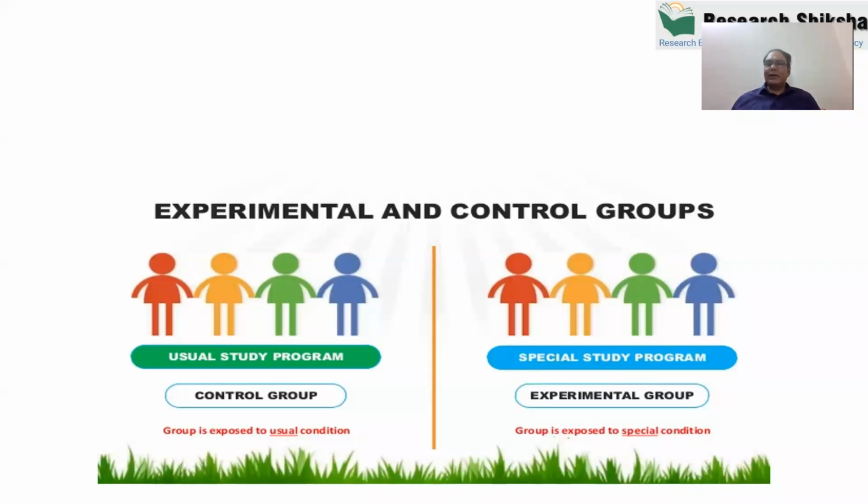Now, after some time, he took admission into a university, and after taking admission, he decided to confirm his theory or experience or knowledge. So he decided to conduct an experiment.